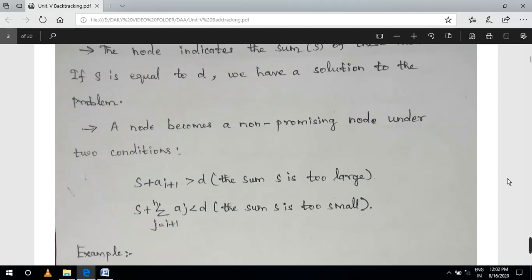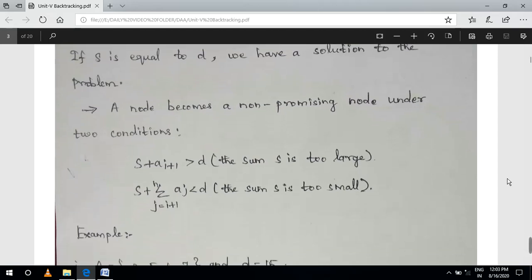The second is S plus the summation of aj from j equals i+1 up to n less than d, where the sum is too small. So you convert it into the case of too large or too small.